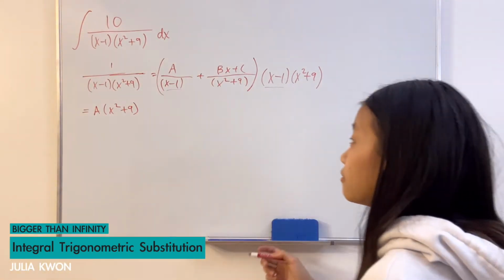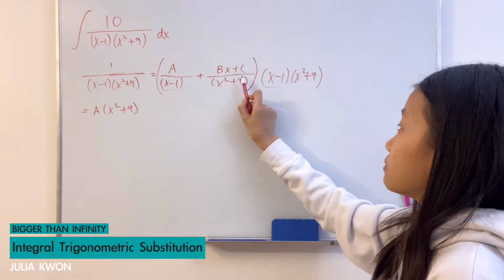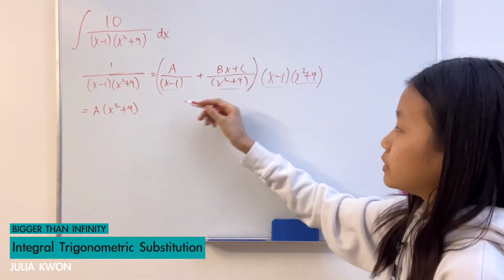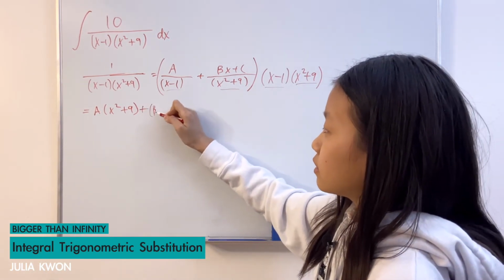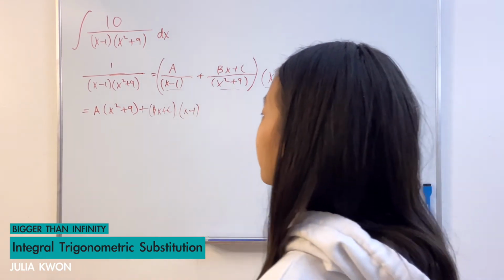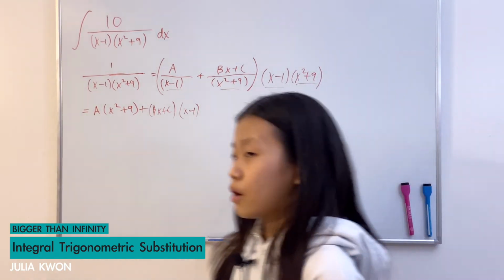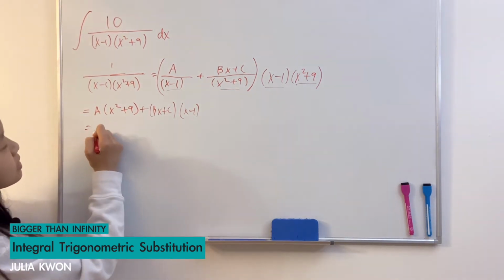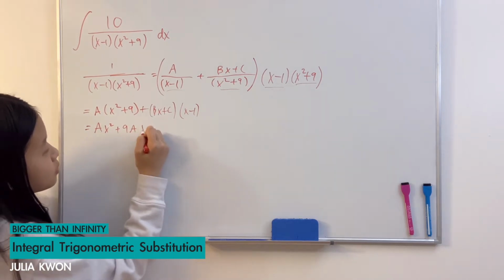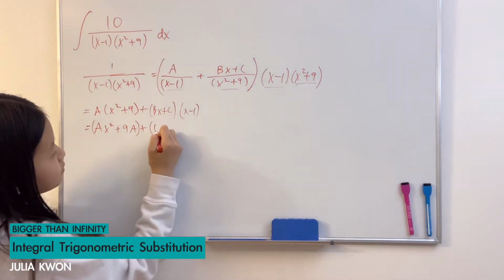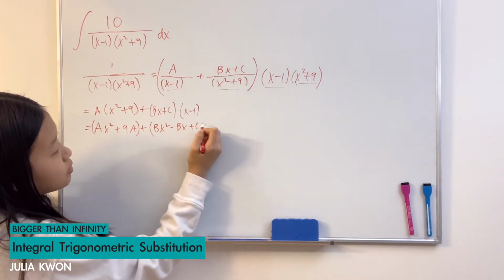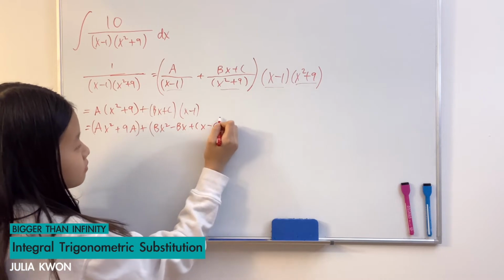And for this one, the (x² + 9) terms will cancel out, and we'll just have (Bx + C) times (x - 1). We're going to expand what we got here, and we'll get Ax² + 9A + Bx² - Bx + Cx - C.